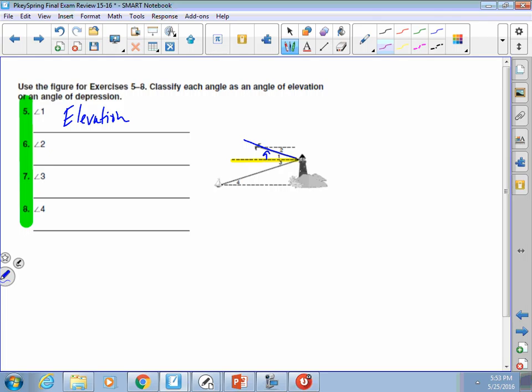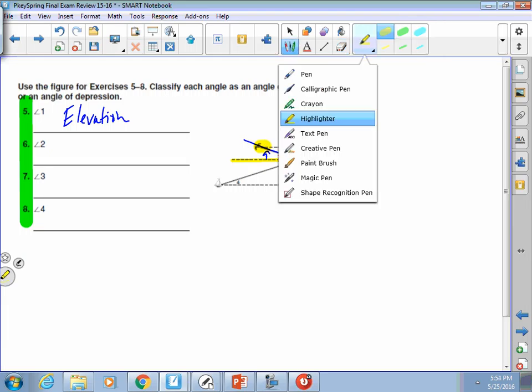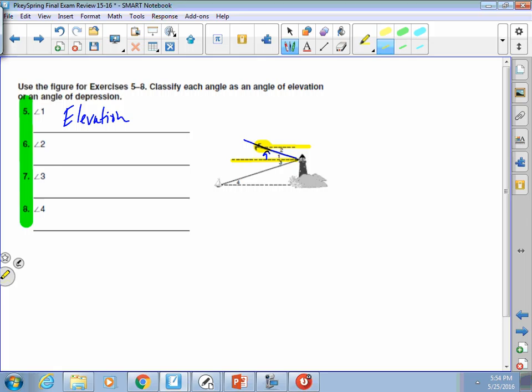For angle 2, if I'm using my horizontal line, oops, that's way too much, sorry. That horizontal line, I look, it's below, so this would be depression.